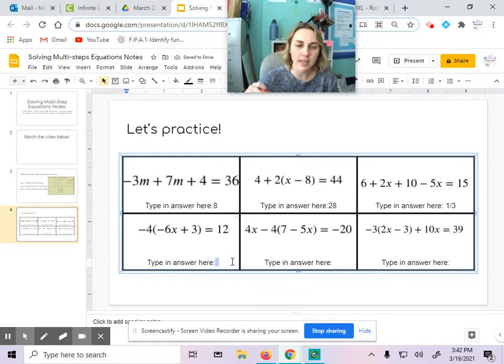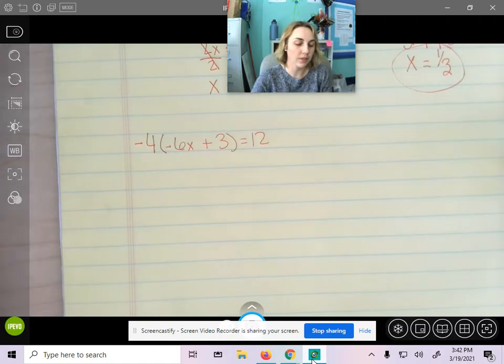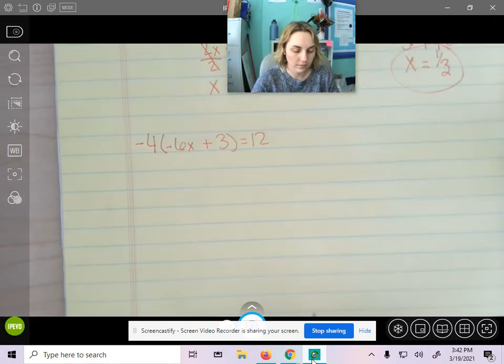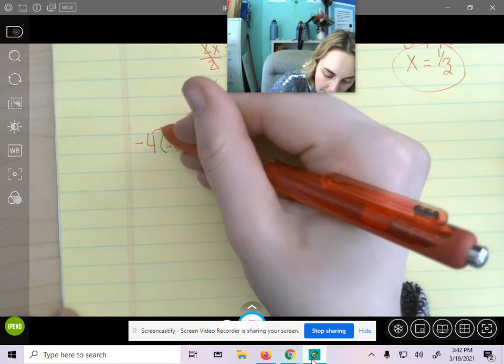All right, if we look at our next problem, in this case, we're going to have to use the distributive property first. So negative 4 times the quantity negative 6x plus 3, and that's going to be equal to 12. All right, so same thing. First step here is we need to distribute first. So we have a negative 4. We're going to multiply it by negative 6.